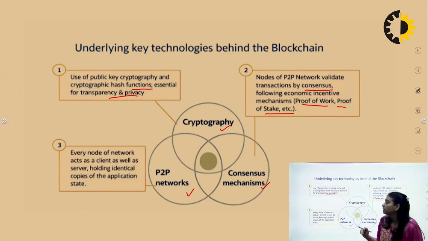Each node acts as a client as well as a server and holds an identical copy of the application state. That is why we are saying that the nodes who are unaware of each other, who are not known, are able to reach a consensus, because then only they will be able to validate a transaction.